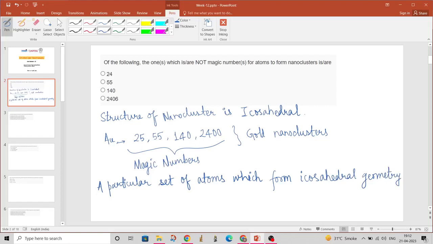And these nanoclusters follow the free electron model. I'm sure you guys have studied the free electron model in your physics courses or in solid state courses.